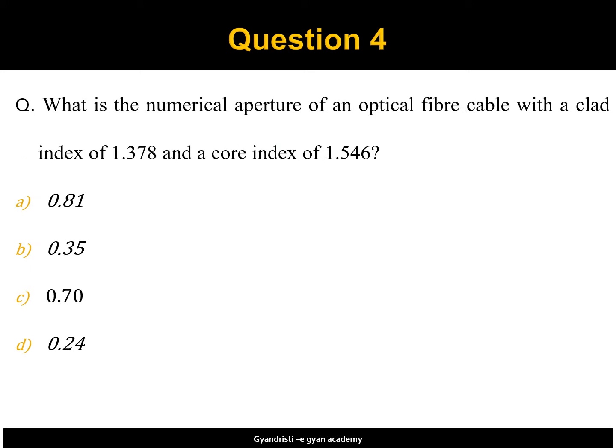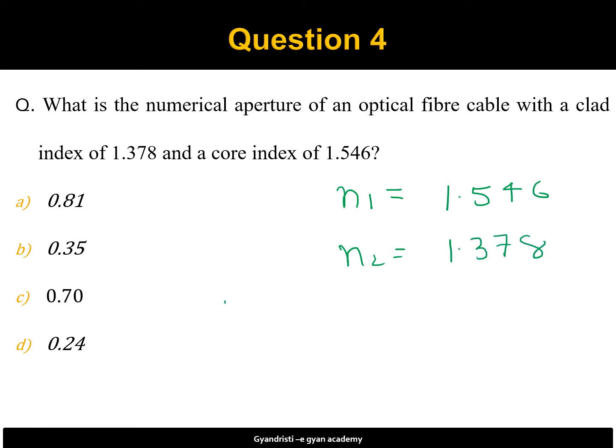In question number 4, again we have to calculate the numerical aperture of an optical fiber cable in which refractive index of clad is 1.378 and refractive index of core is 1.546. So N1, that is the refractive index of core, is given 1.546, and N2, that is the refractive index of clad, is given 1.378.